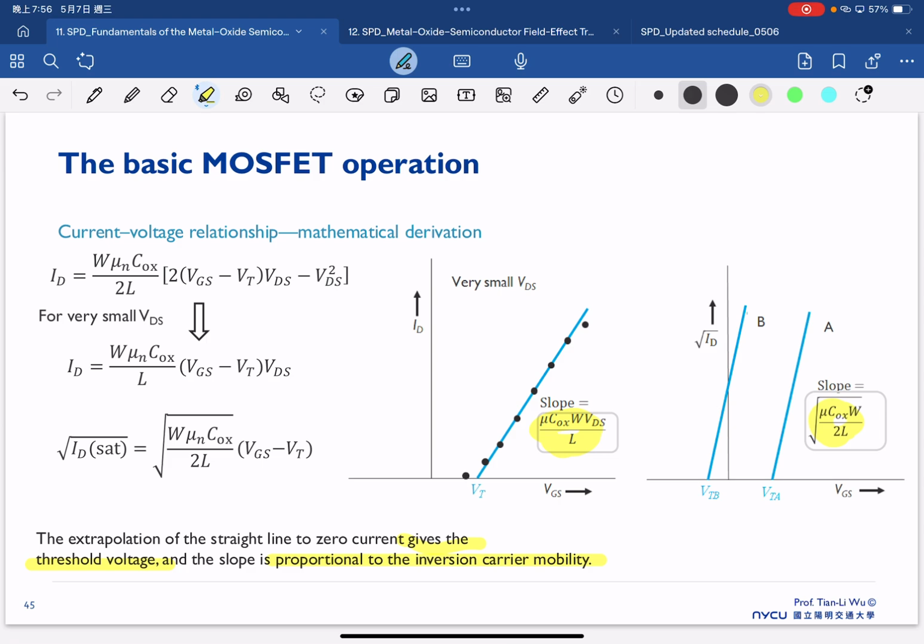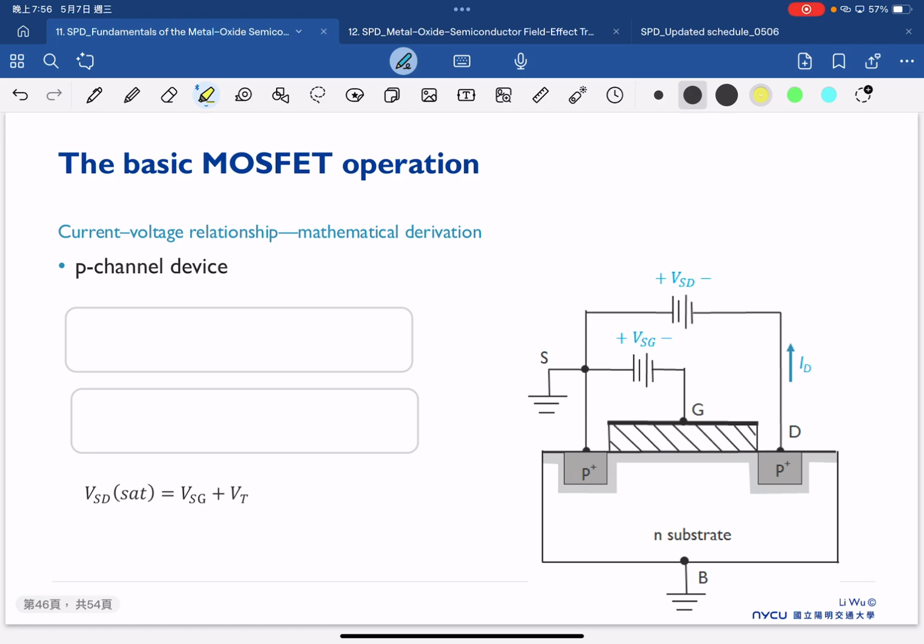The same applies in the case of the p-channel device, where we have exactly the same equation. ID is equal to W over 2L, but now we have to consider the hole mobility in the channel and the oxide capacitance.